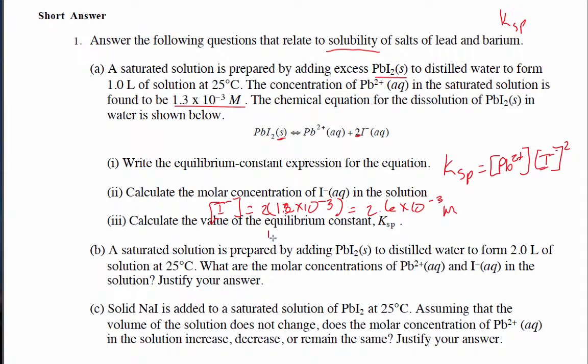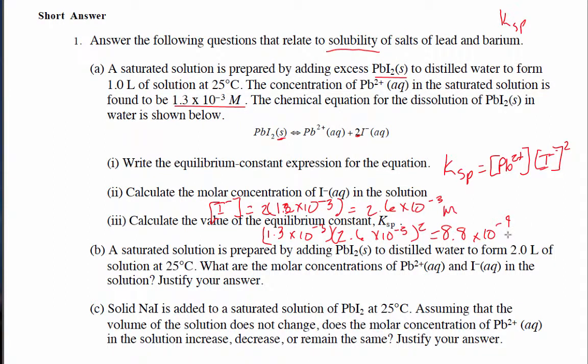So 1.3 times 10 to the negative third times 2.6 times 10 to the negative third, and that value will be squared based on our expression. At the end of that, you should come out to a value of 8.8 times 10 to the negative ninth.